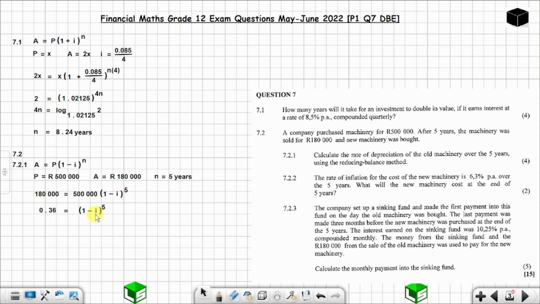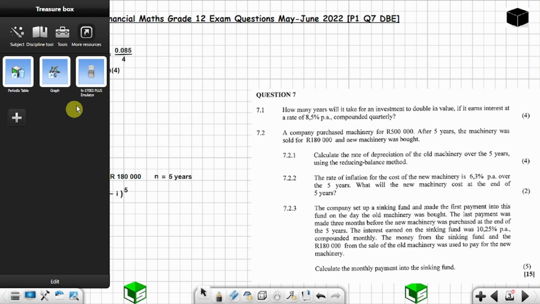Now you have to get rid of the 5, which is the exponent. You are going to take the fifth root on both sides, so that you can get rid of this exponent. What you do on the right, you also do on the left.